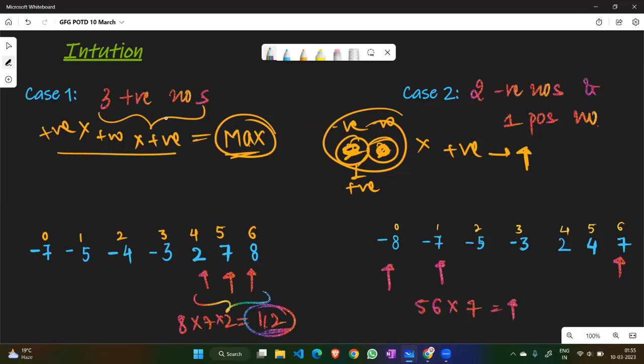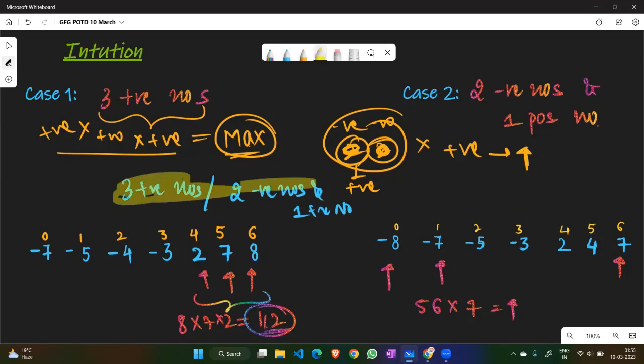We get that we can take three positive numbers, or two negative numbers and one positive number. This is the intuition behind sorting the array. If I sort the array, we have to find these two cases, and out of them find the maximum answer.